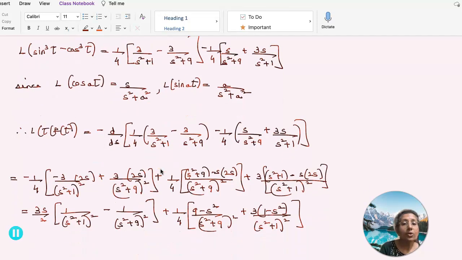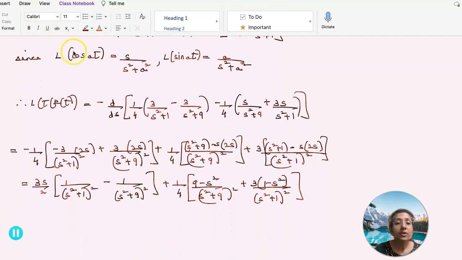Now you have to take the derivative. Here we can use the chain rule, so you can take out minus 1 by 4. You get minus 3 by s squared plus 1 the whole squared into the derivative of s squared plus 1, that is 2s. This becomes minus minus plus, because the derivative of 1 by x is minus 1 by x squared. So plus 3 by s squared plus 9 the whole squared into 2s. Now here we are going to use the quotient rule.